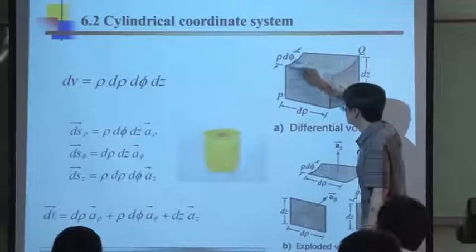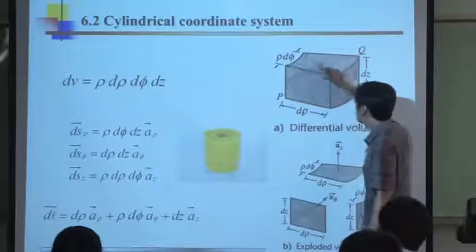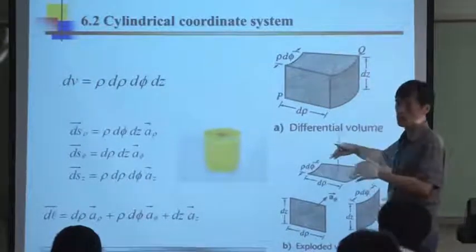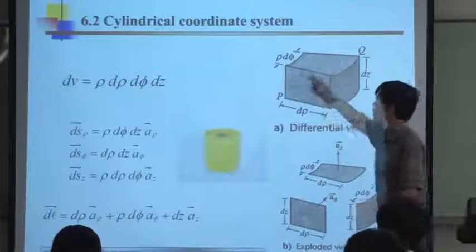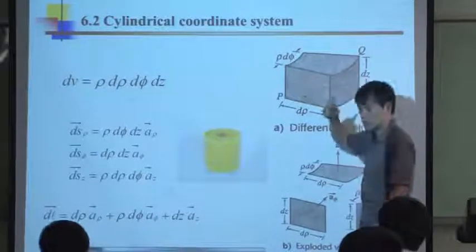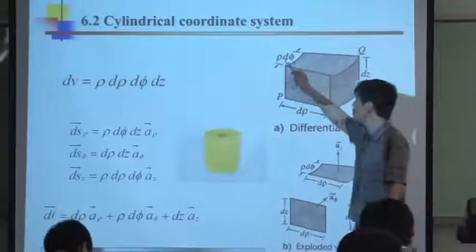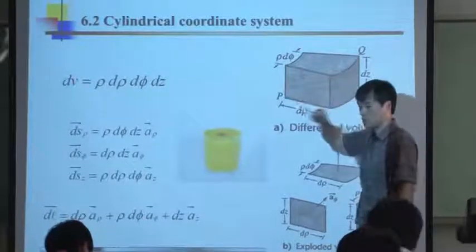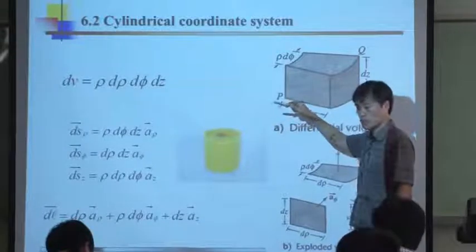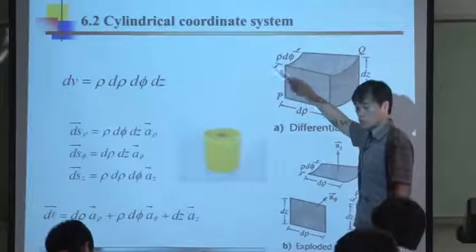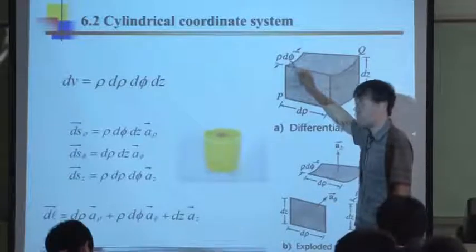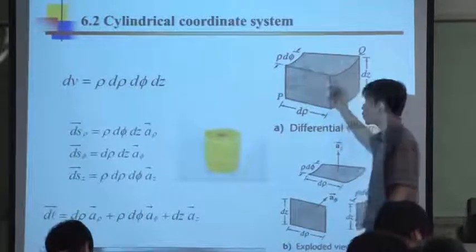So the length difference from here to here and here to here is ignorably small if the d phi is infinitesimally small. So we are taking the limit of d phi going to 0. 극한에서 d phi가 0으로 갈 때는 이 길이와 이 길이가 똑같아요.